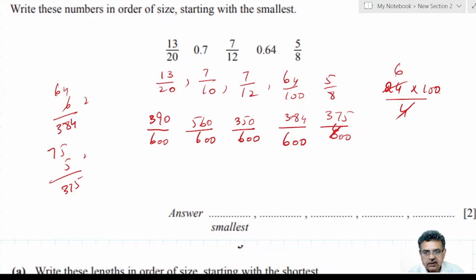So the smallest numerator among all these is this one. This is number 1. Then larger than 350 is 375.